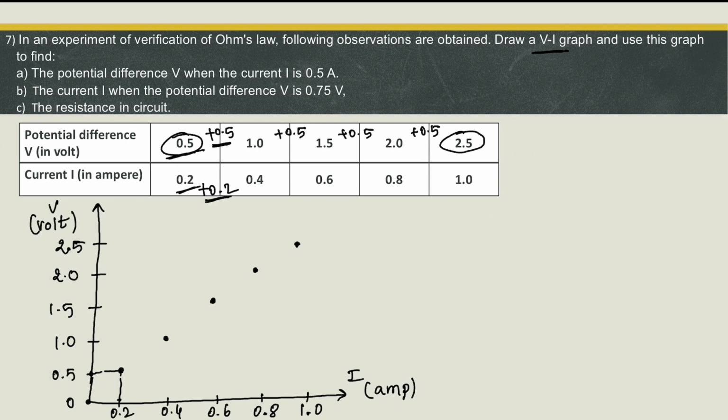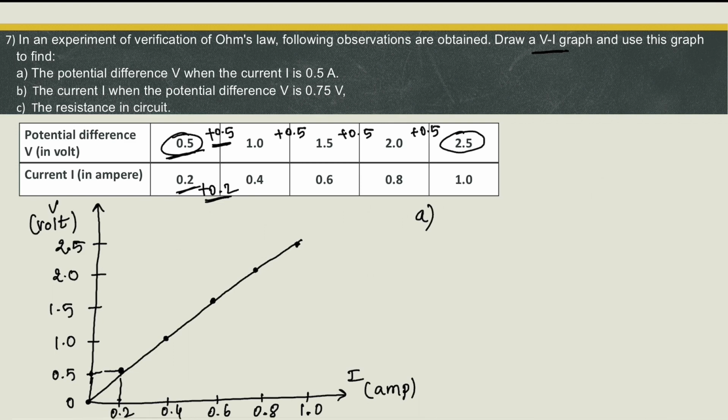And now when we connect all these points, what we get is a straight line. Okay, so the line which connects all these points is a straight line, right? And that is the graph based on Ohm's law. So this graph is a straight line passing through the origin.